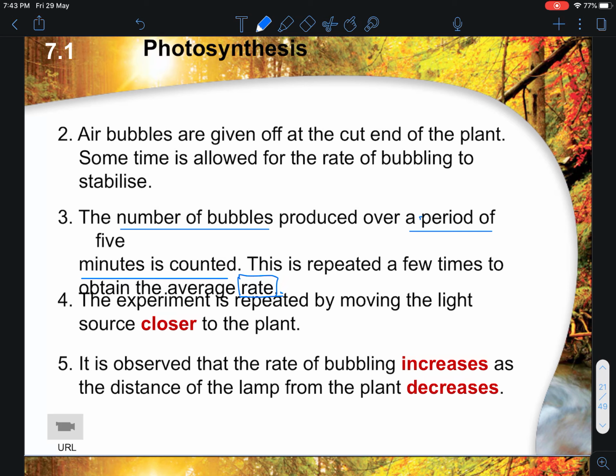And of course you repeat the experiment by moving the light source closer to the plant, and hence this would indirectly increase the light intensity. Then you repeat the reading again.